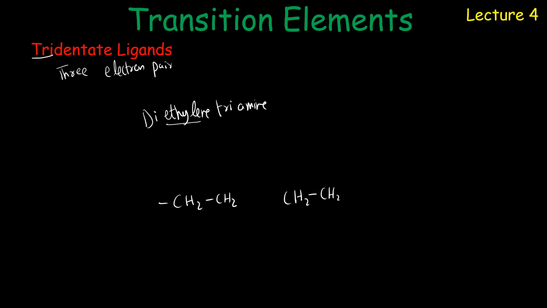Now we write the first NH2, first amine group, then the second amine group, and the third one in between these 2 carbons like NH single bond. So the first N contains 1 electron pair, the second N contains 1 electron pair, and the third contains 1 lone pair of electrons as well. So this molecule can donate 3 pairs of electrons and is named a tridentate ligand.